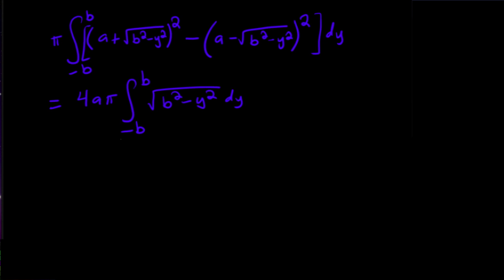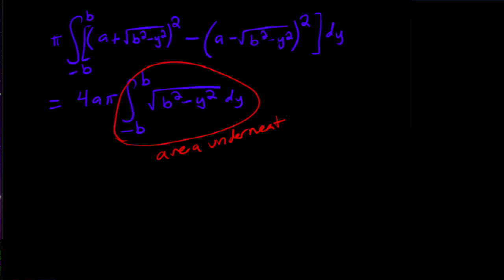You don't do this analytically, but you'll notice that this is the area underneath a half circle of radius b, if you were to graph that.